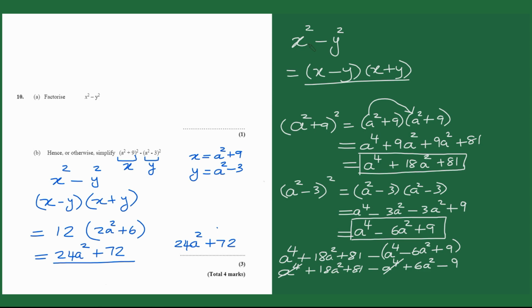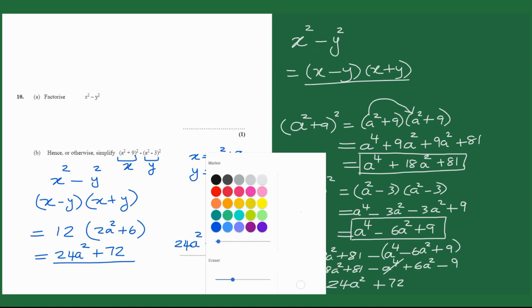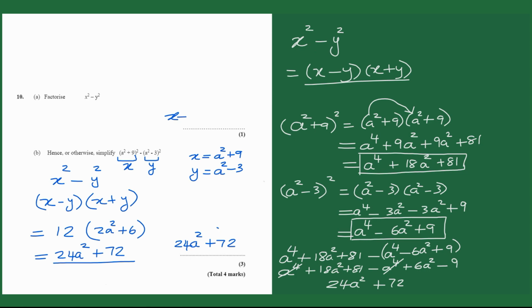Then negative times negative is positive 6a squared. Negative times positive is negative 9. The a to the power 4 cancelled. 18a squared plus 6a squared is 24a squared. 81 take away 9 is 72. This is the same answer we got here. So that is our final answer.